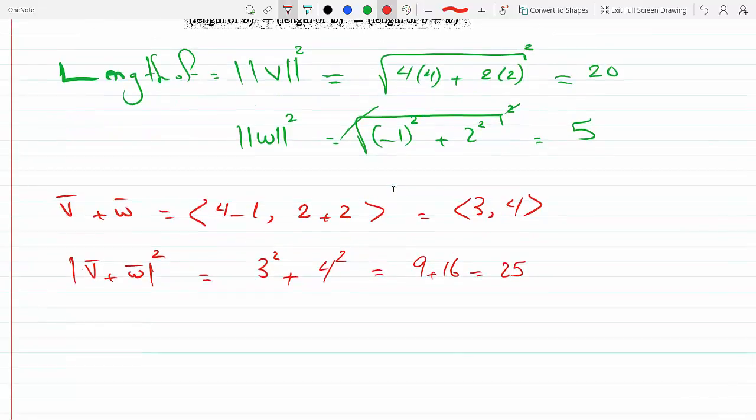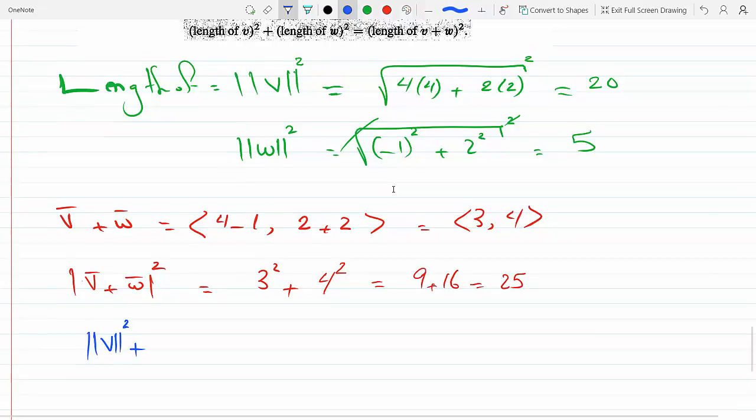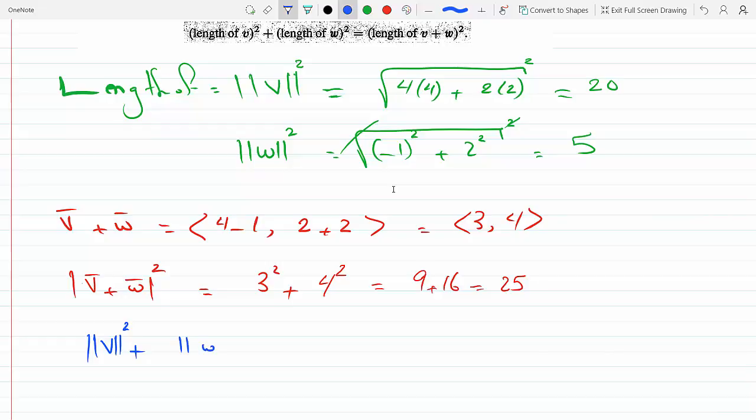And what's the length of V squared plus the length of W squared? That's 20 plus 5, that's 25.